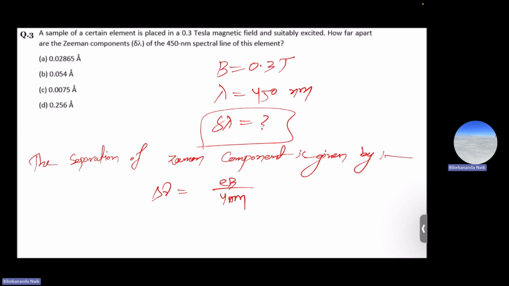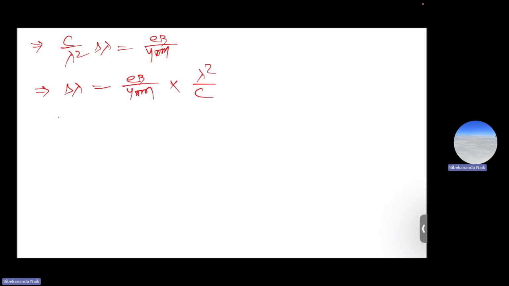Now we know nu is given by c by lambda, that implies delta nu equals minus c by lambda square delta lambda. So c by lambda square delta lambda is eB by 4 pi m, that implies delta lambda will be eB by 4 pi m into lambda square by c.